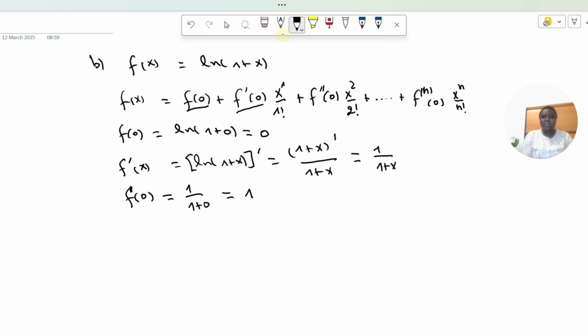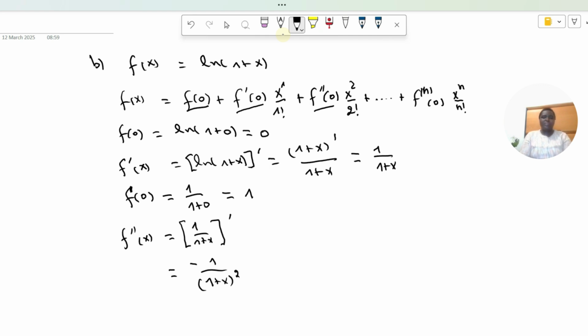And next we have to compute this value, the second derivative of f in 0. First we compute the second derivative of our function, which is equal to the derivative of the first derivative. So it's the derivative of 1 over 1 plus x, and this is equal to minus 1 over 1 plus x squared.